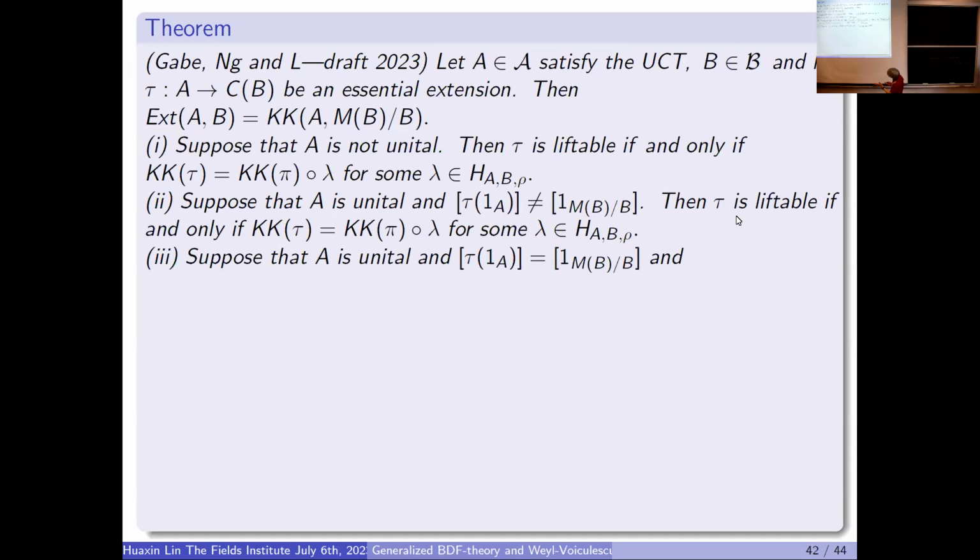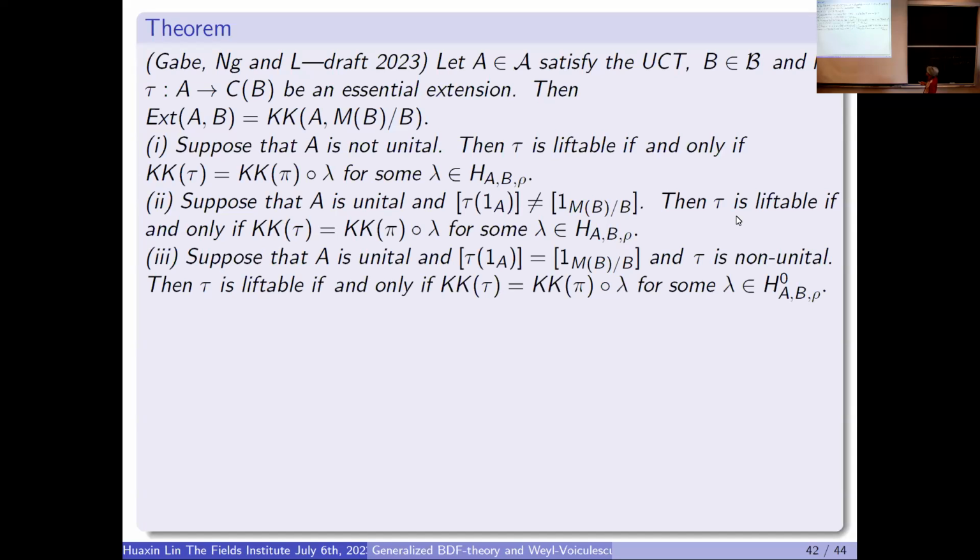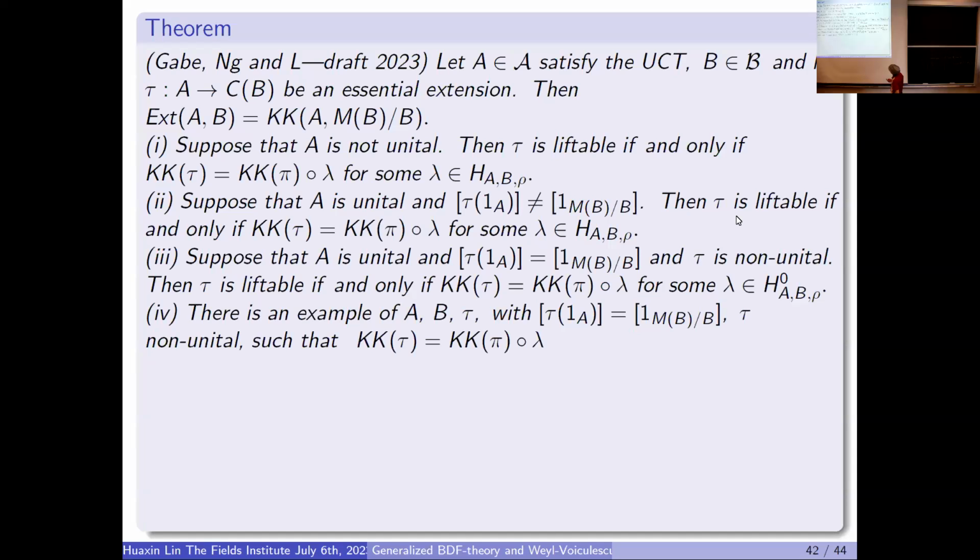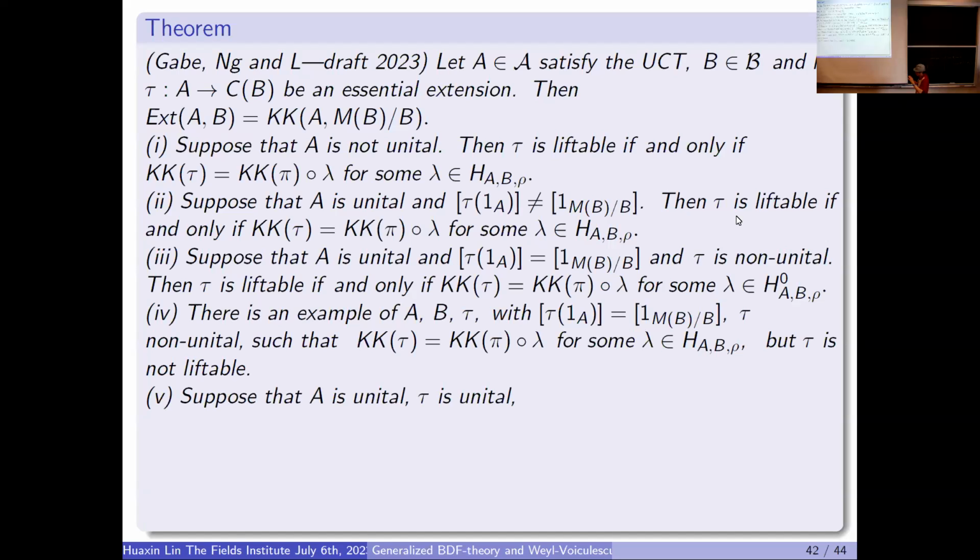But if A is unital and it already hits the unit at the K-theory level, and tau is not unital, then it's liftable if and only if this happens. They are not the same thing. And then there are examples that are not liftable, even though the K-theory looks all the same. It's just complicated to describe, but all can be determined by K-theory.